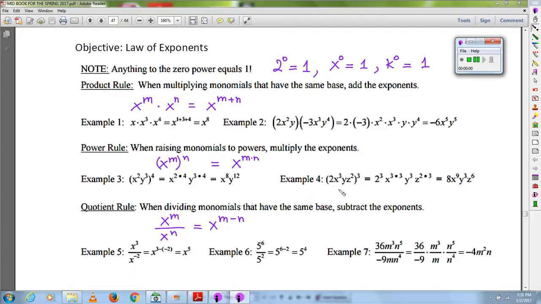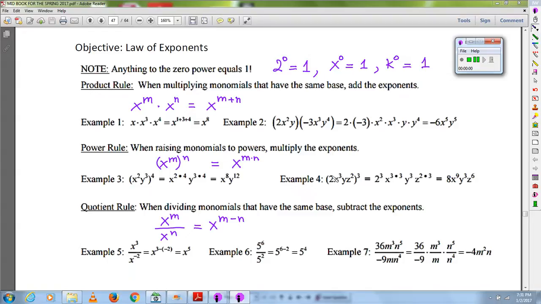Okay, so if you look at the next example, example 4, you again have a monomial to the power of 3, and inside the monomial you have 4 factors. So you will distribute again, you will multiply the exponent to each one of the exponents inside. The 2 has no exponent, so by default the exponent is 1.